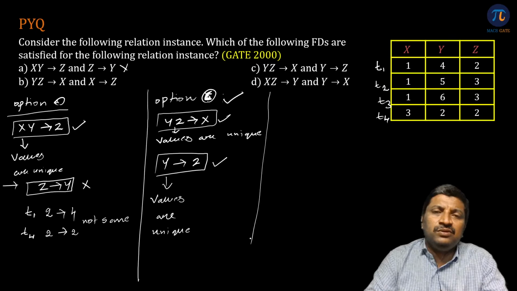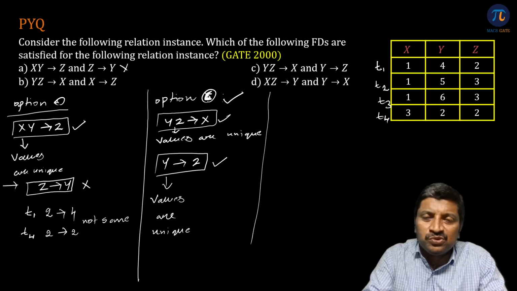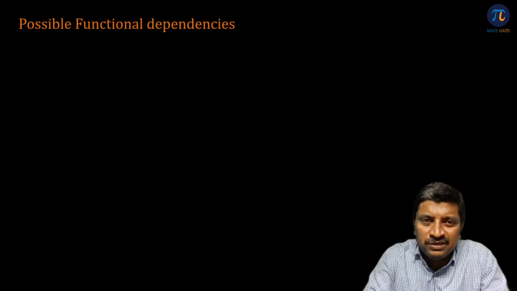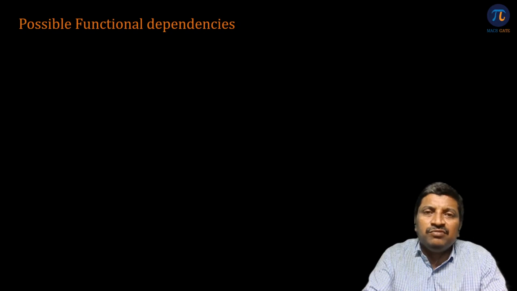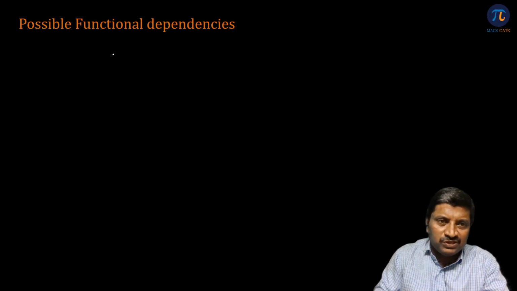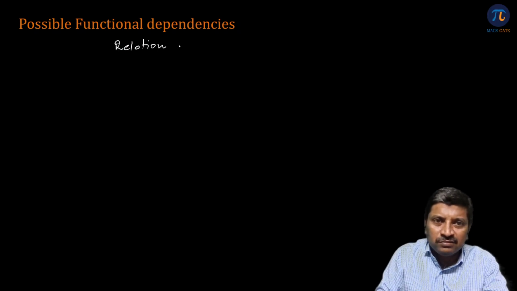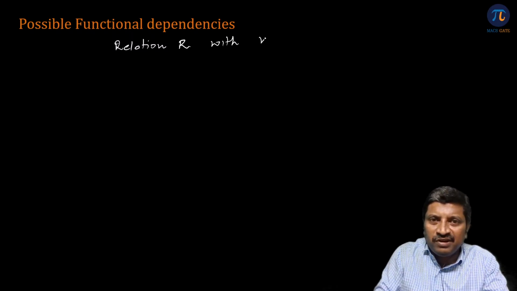We are doing practice of previous questions. So better to understand possible functional dependencies. That means whenever we have n number of attributes, suppose I have a relation with n number of attributes.